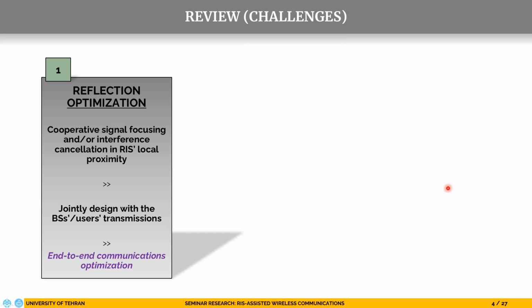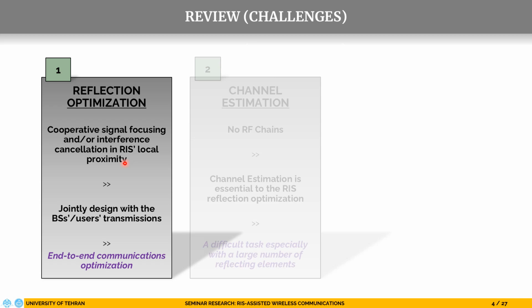It has some challenges using reconfigurable intelligent surface in the wireless networks. First of all was reflection optimization, which was a jointly designed optimization problem. In many cases, it resulted in non-convex and NP-hard problems.